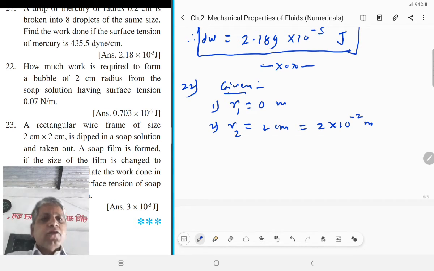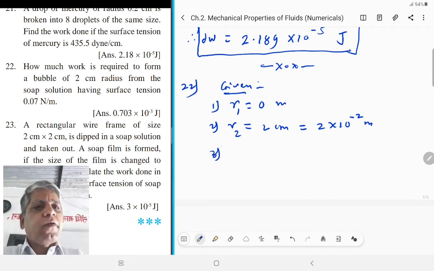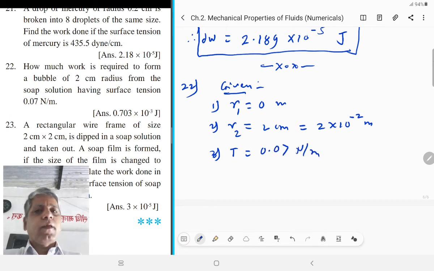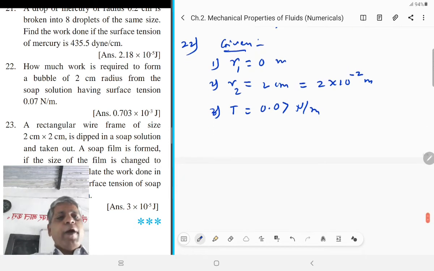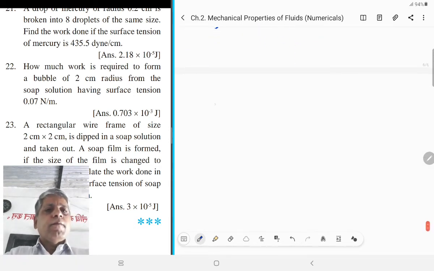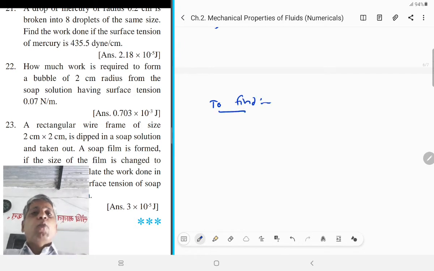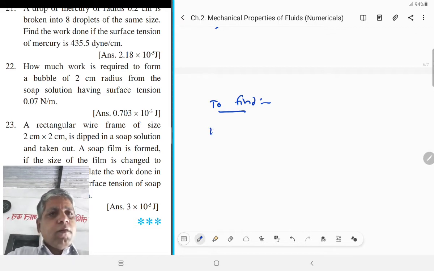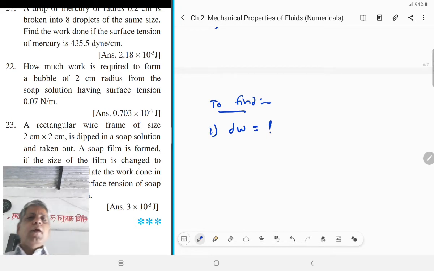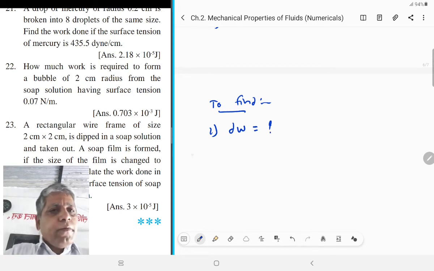And here third given point is surface tension T is equal to 0.07 Newton per meter. Now to find the work done, that is dW.